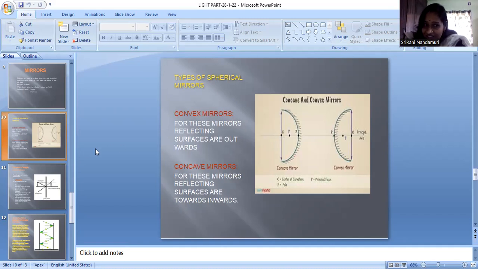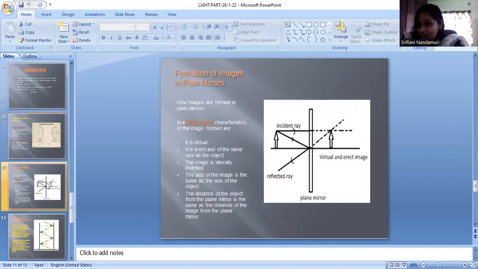Children, did you understand the phenomenon here? What are concave and convex mirrors? What is the reflecting surface? How do they appear? Now, going deeper into the subject, how images are formed in plane mirrors and in spherical mirrors.